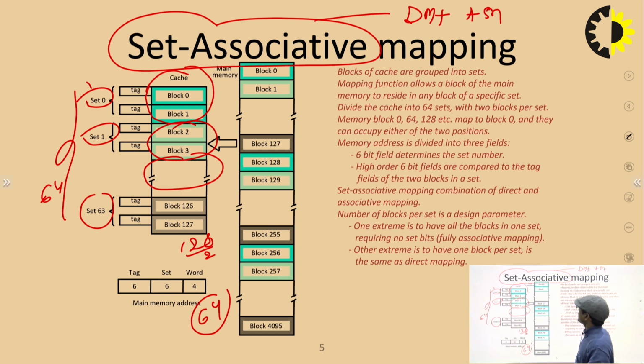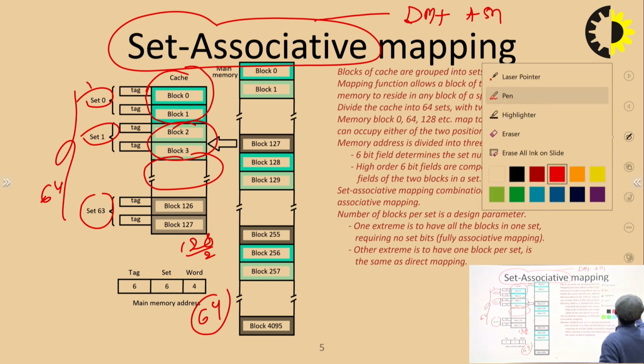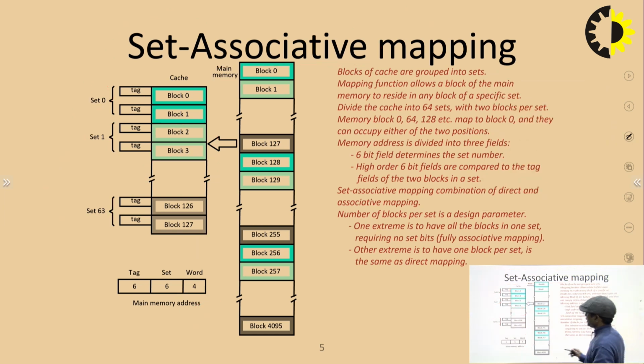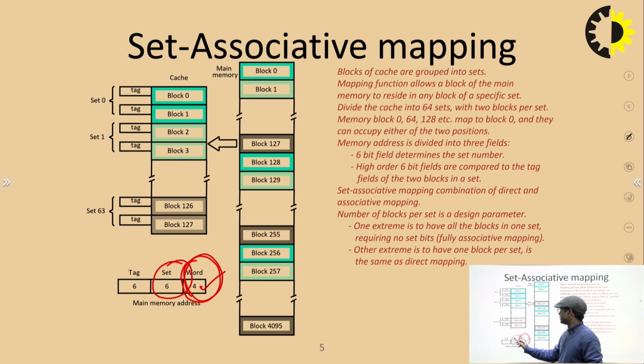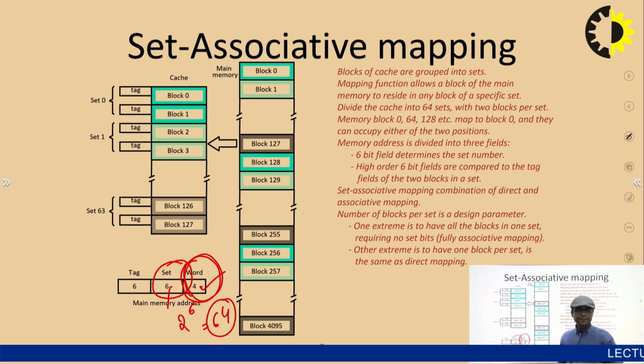If you see the address scheme here, to identify a particular word in a block, 4 bits are used, that's fine, but the next 6 bits identify which particular set a block is mapped to. So we can see 2 raised to power 6, so it is 64. So 64 sets are there.